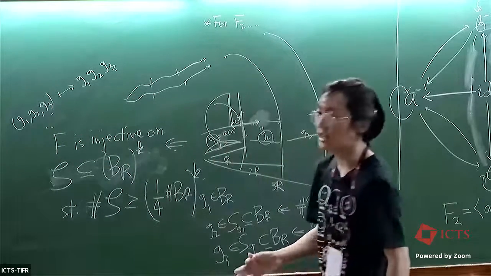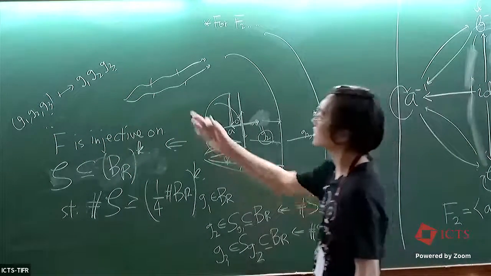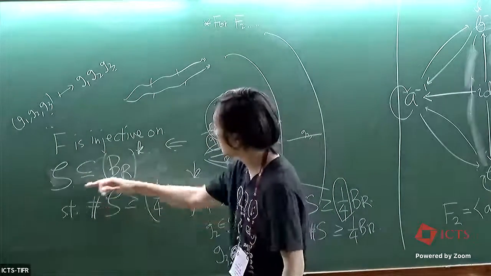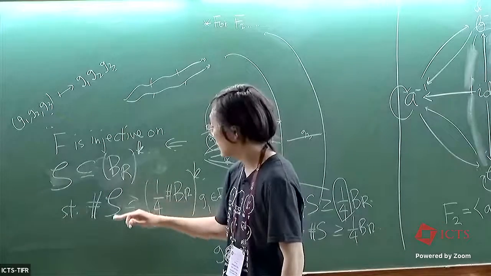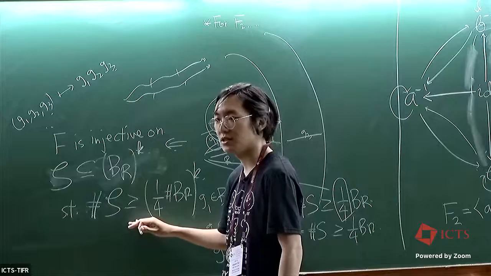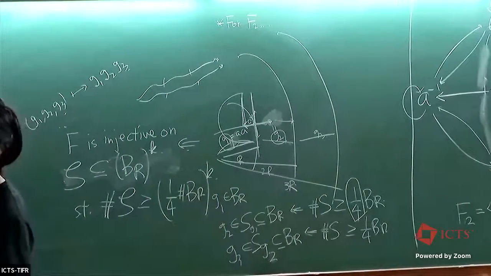Usually this is not an injective map. For example, if g_2 cancels out the entire g_1, then it erases all the information. But if you restrict it to a not-so-small subset, you can retain its injectivity, which is sufficient for our purpose.